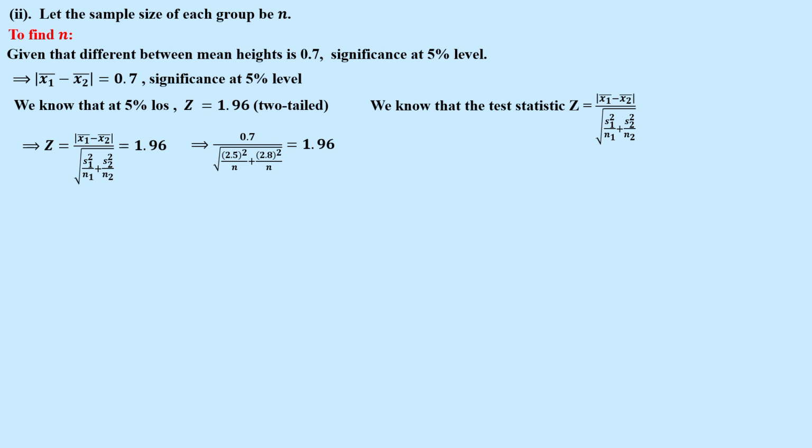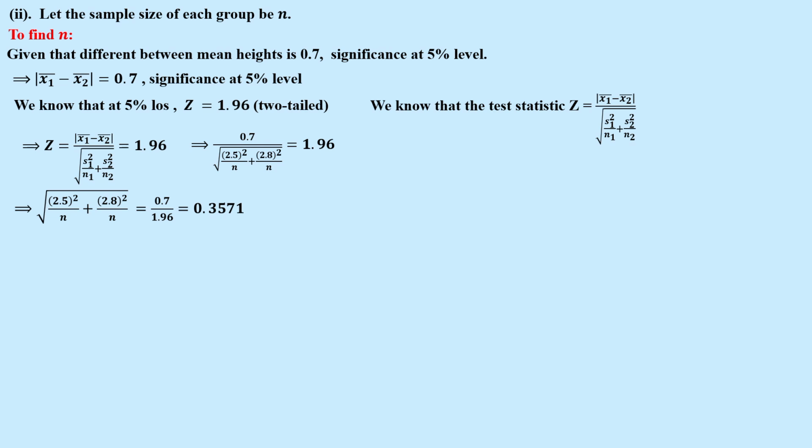That is what we are substituting here: 0.7 by root of 2.5 square by n plus 2.8 square by n, which is equal to 1.96. Taking the denominator to the right side and 1.96 to the left side, root of 2.5 square by n plus 2.8 square by n is equal to 0.7 by 1.96, that is equal to 0.3571.